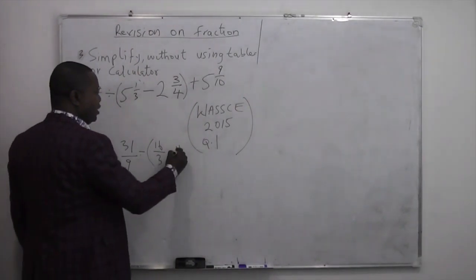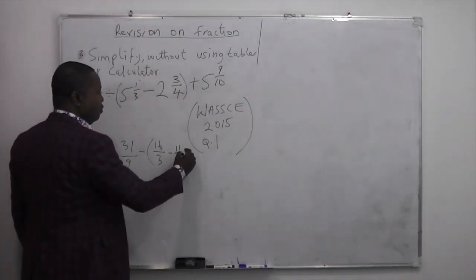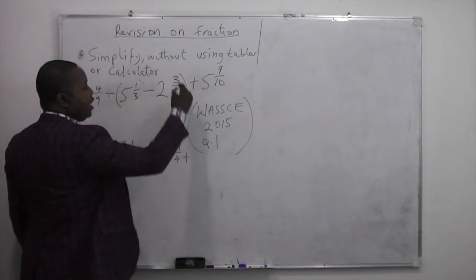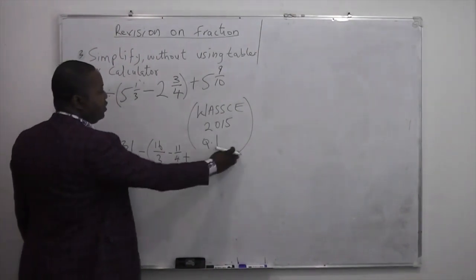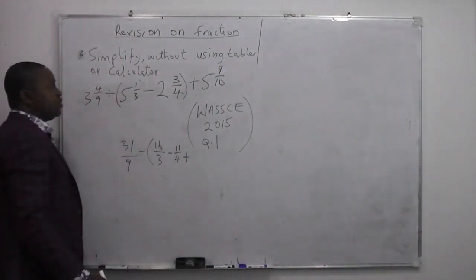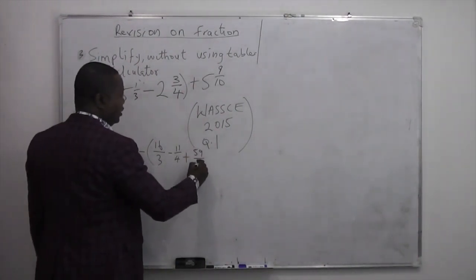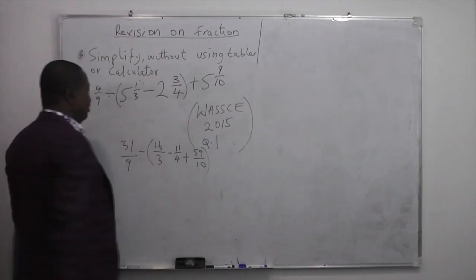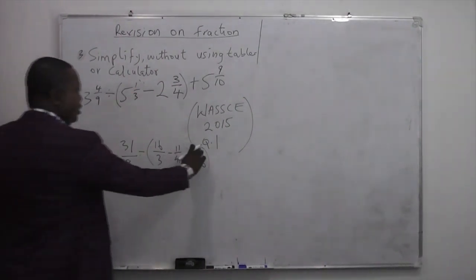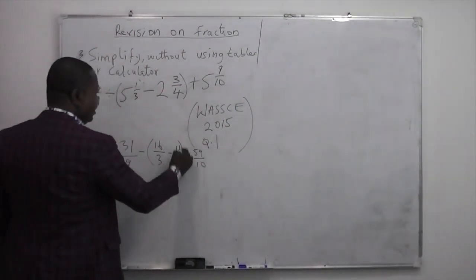So we have it as 11/4 plus 10 times 5 is 50. 50 plus 9 is 59 all over 10. This one ends here like this.